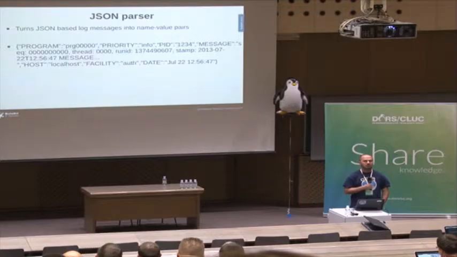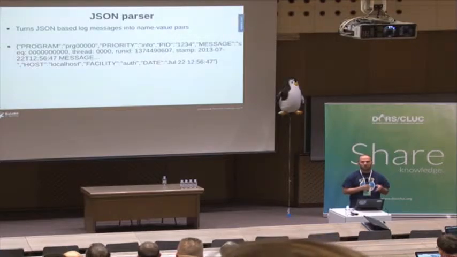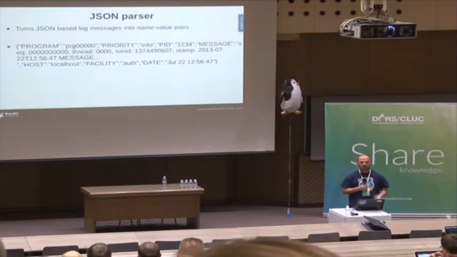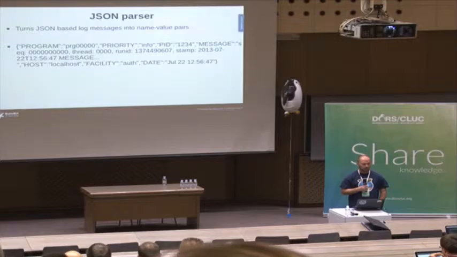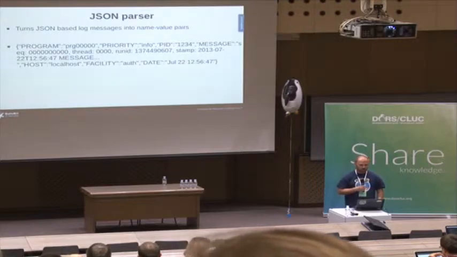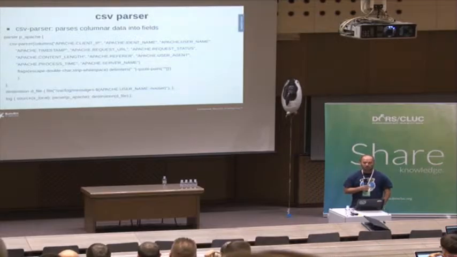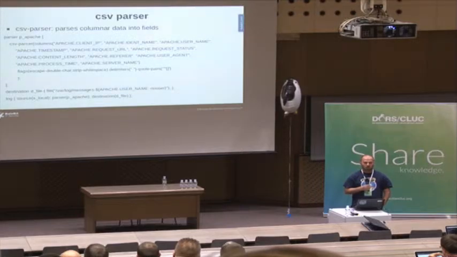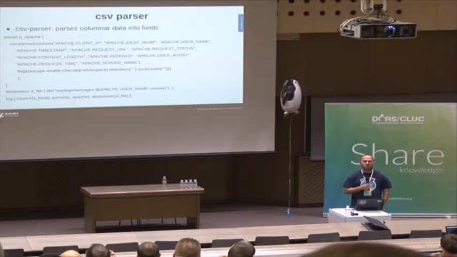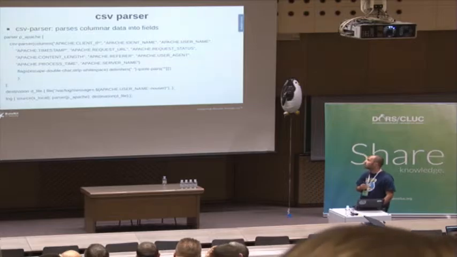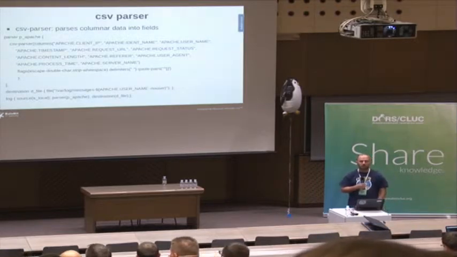So the values inside the message can be used for filtering or to use only part of the name value pairs for storage and so on. The next one is the CSV parser. Originally it was for comma-separated values, but practically it can process any kind of columnar data into fields.